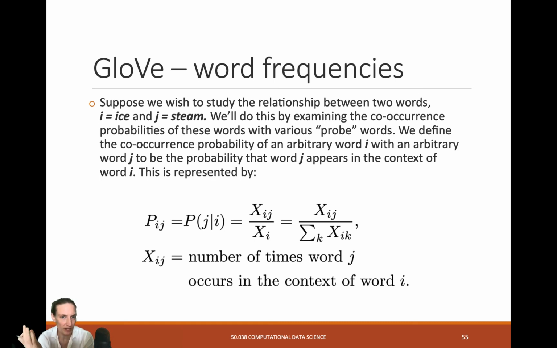We can do this by examining the co-occurrence probabilities of these words with various probe words. So that'll give us some insight into what they have in common or what they don't have in common. So to do that, we look at the probability of word j occurring in the context, or given the word i.